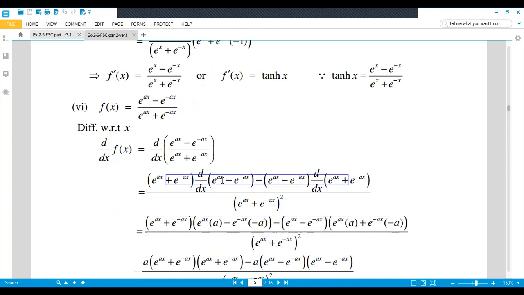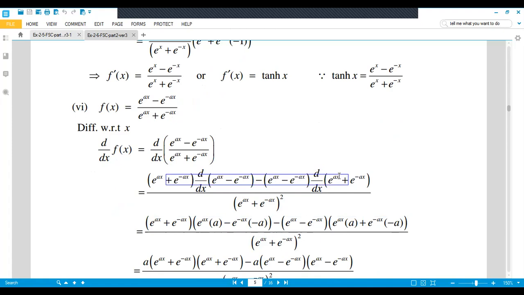The derivative of e power ax is e power ax, and further the derivative of ax is a, and minus e power minus ax as it is. Its derivative is as it is, and further the derivative of minus ax in the power is minus a, and minus this one, the numerator value you copy as it is.